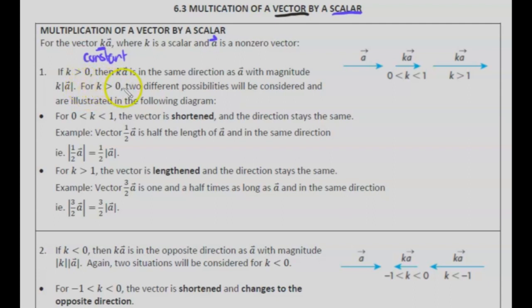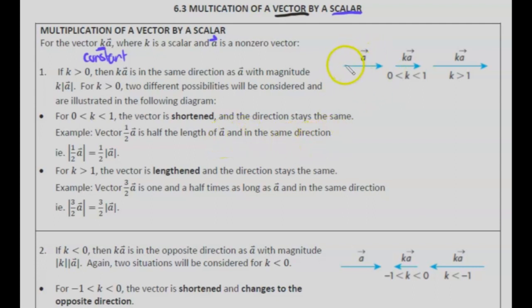For K greater than 0, 2 different possibilities will be considered and are illustrated in the following diagram. Okay, so if K is between 0 and 1, the vector is shortened, but in the same direction. An example of this is vector 1/2 A, which is half the length of A and in the same direction.